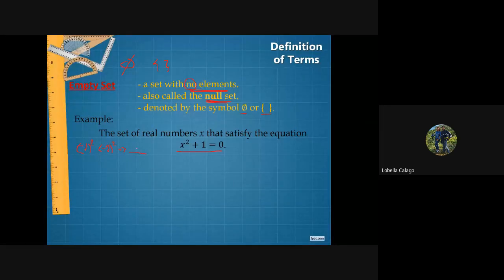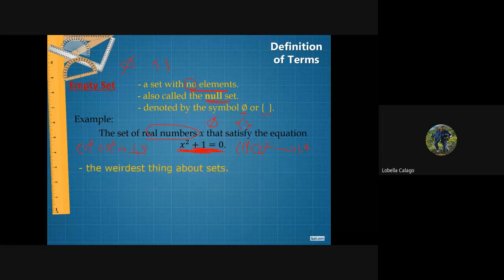Like negative 1 squared is 1, negative 2 squared is 4. There are no negatives na magbibigay so that if you're going to add 1, it will give you 0. Mas lalo na pag mag-select tayo ng positive, automatic naman magbibigay sa atin to ng positive din number. So, there are no real numbers that will satisfy this equation. Hence, your answer for that is null or this one. Open and close braces without an element.